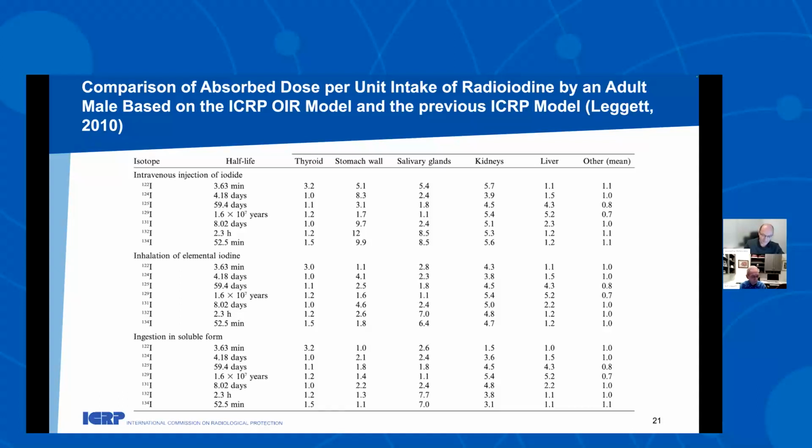Yes, for example, UNSCEAR, the United Nations Scientific Committee on the Effects of Atomic Radiation, in its recent 2021 report on Fukushima, used this new model to project doses for individuals in Japan who consumed substantial dietary intake during the accident. So yes, it's already practically applied. Probably that's all. Thank you very much for your attention.